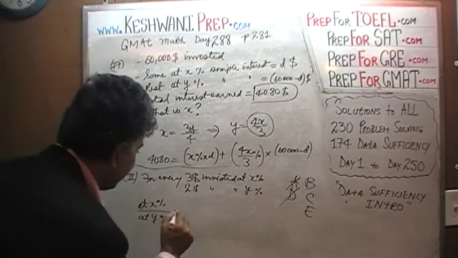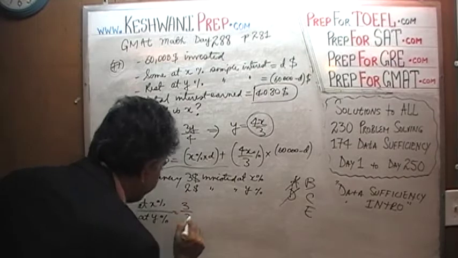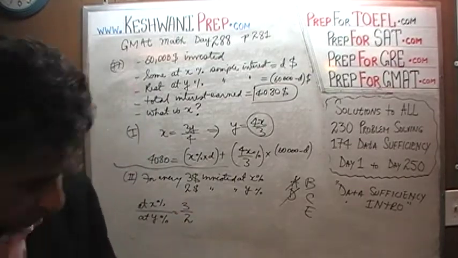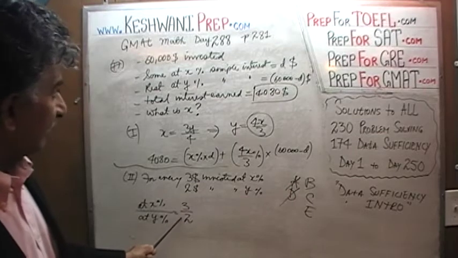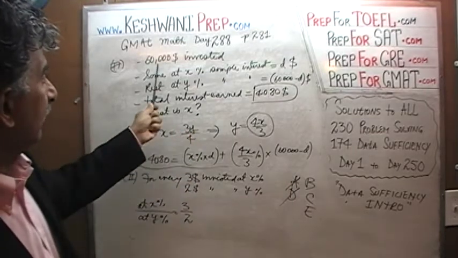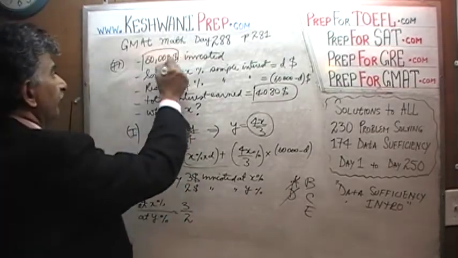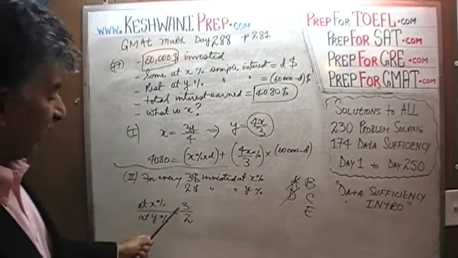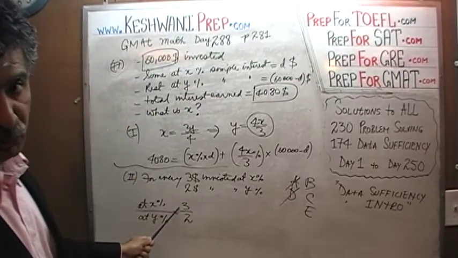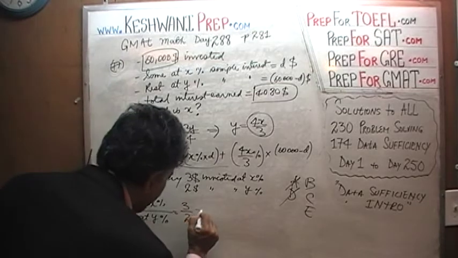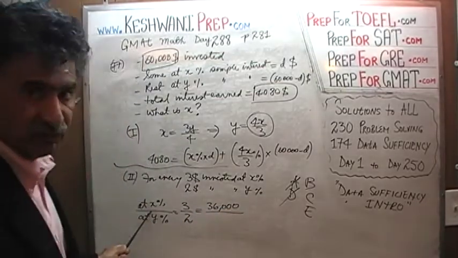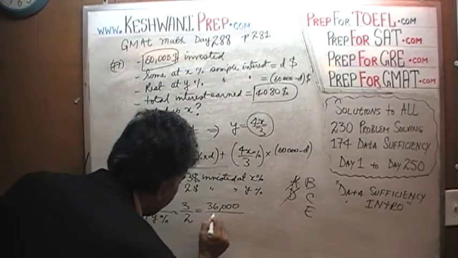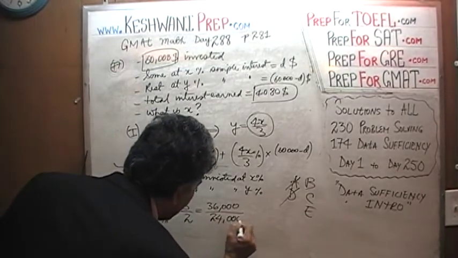And that ratio, we are told, is 3 to 2. But if the ratio is 3 to 2, that's 5 parts altogether. 3 plus 2 is 5, and we know the total amount invested was $60,000. 60,000 has to be divided up into 5 parts, which means each part is $12,000. So this actually tells us that we must have invested $36,000 at X percent. We must have invested $24,000 at Y percent.